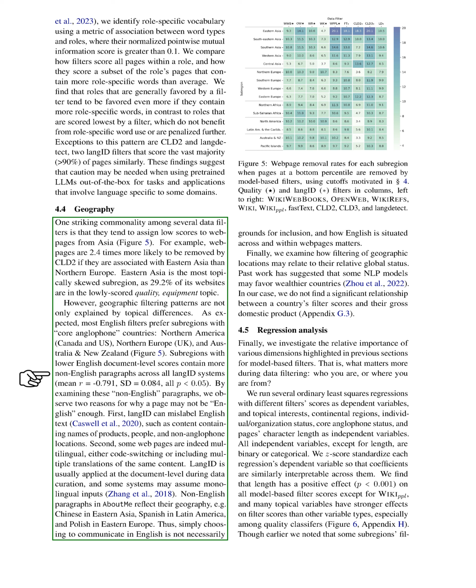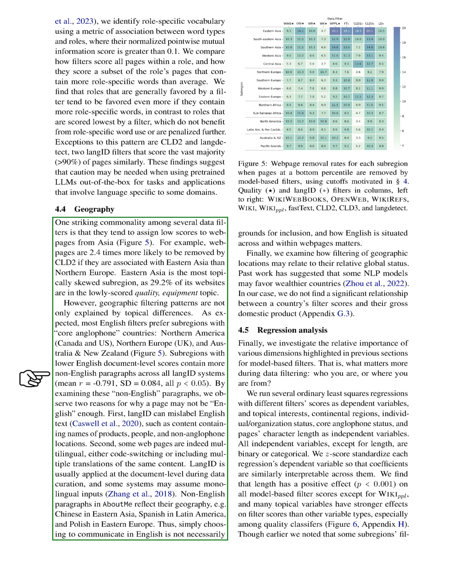As you might expect, filters designed for English content tend to favor regions with a strong English-speaking presence, like North America, Northern Europe, and Australia and New Zealand. Regions with lower English scores often contain more non-English paragraphs, regardless of the language identification system used. We've found two main reasons why a page might not be considered English enough.